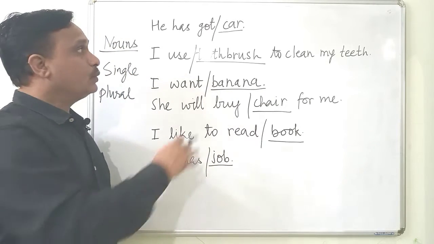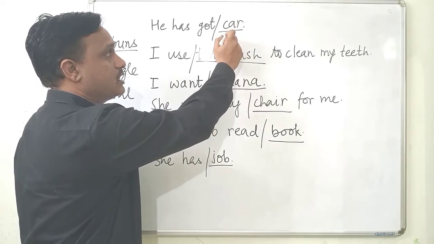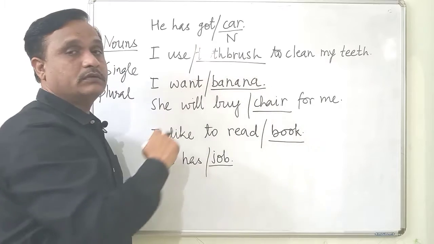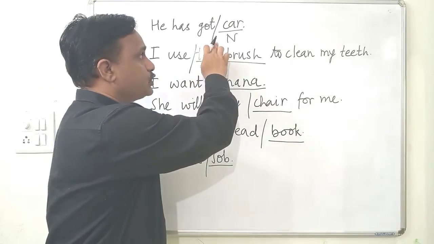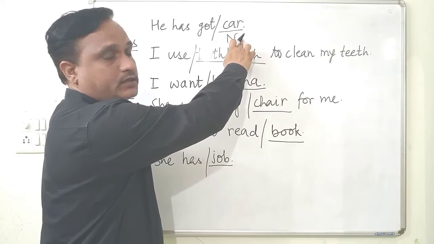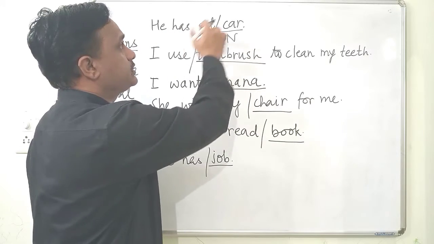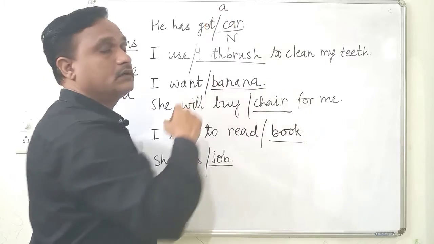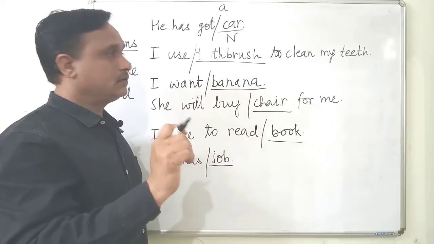So here we need to add a specific word before this noun. This is a common noun. So what is that word called? This is to show that this noun is single, and this is common. So he has got a car. It means common, and that's for single.